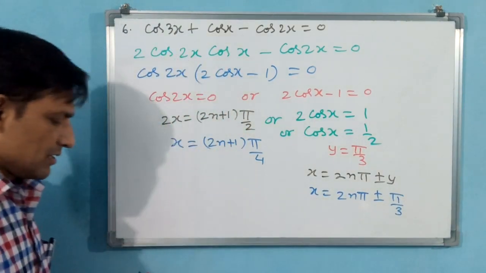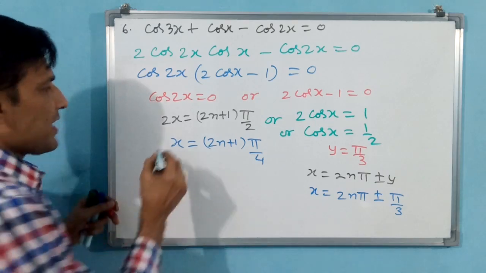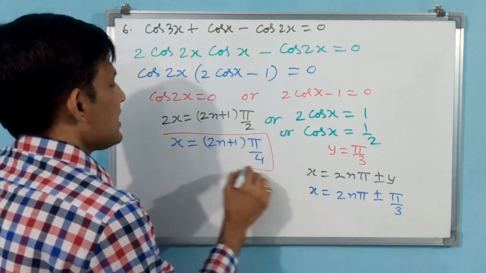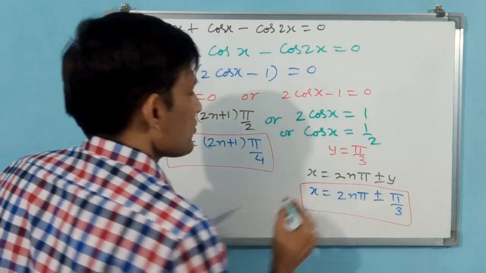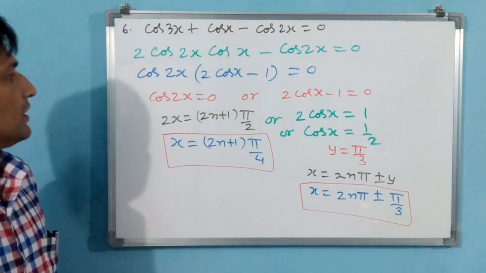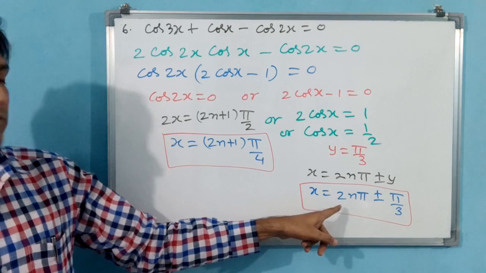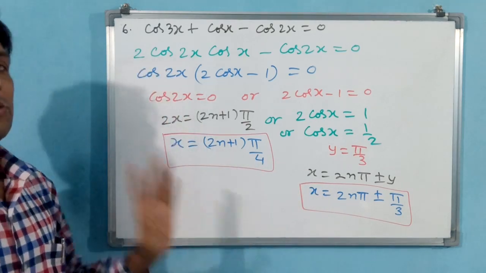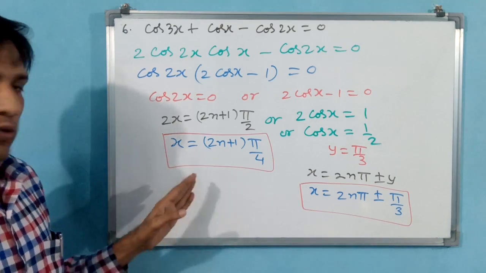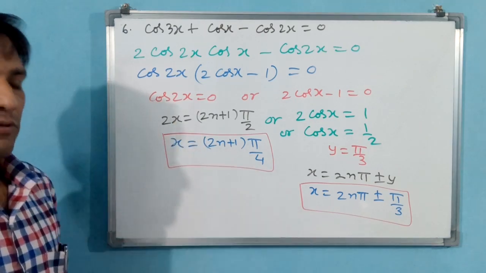Okay. What you have to do, finally you box these two values. Why? Because the examiner should understand which are the final values. This is final value, this is final value. Both are general solution only. Okay.